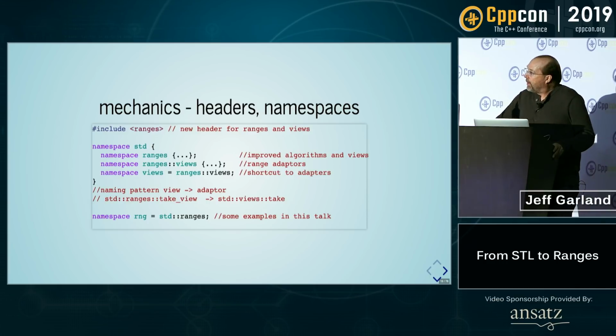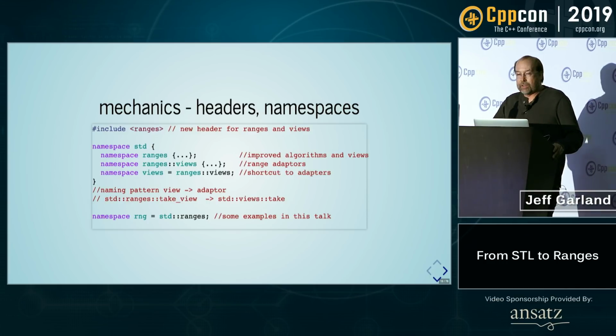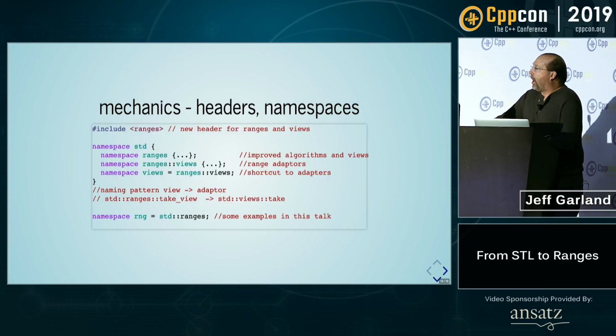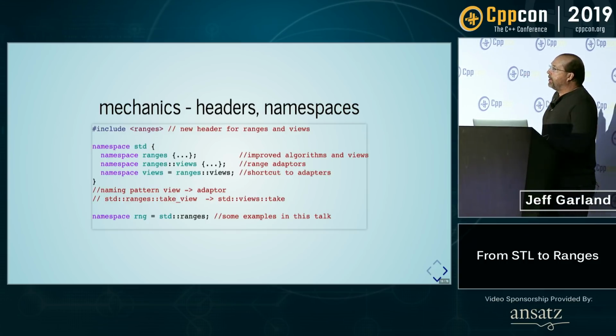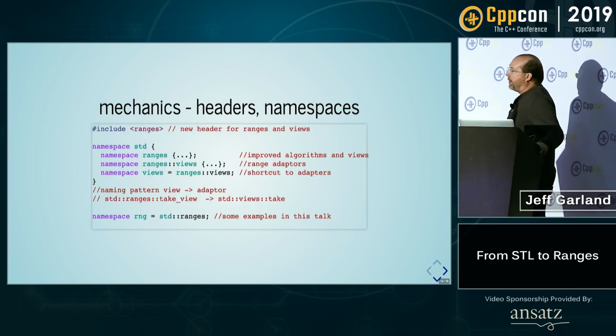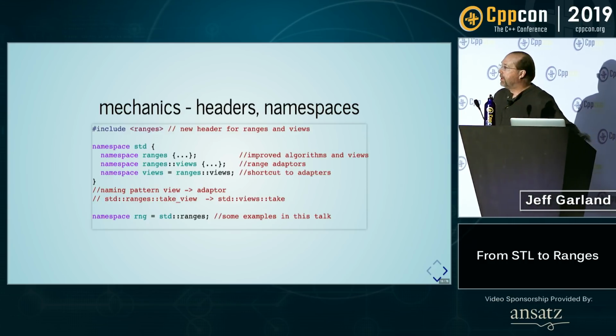Now, you're already thinking std::ranges::views is getting too long, which it is. So there's a shortcut to the adapter namespace called views. And so that's how you'll see most of the code written. And you'll notice that there's going to be a naming pattern here when we start looking at these.